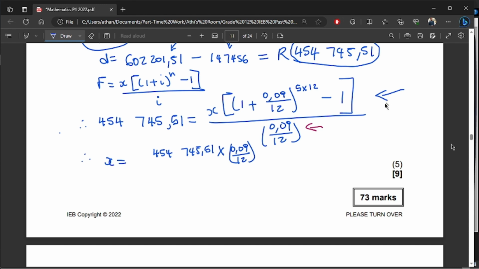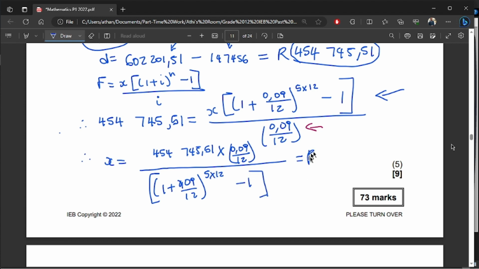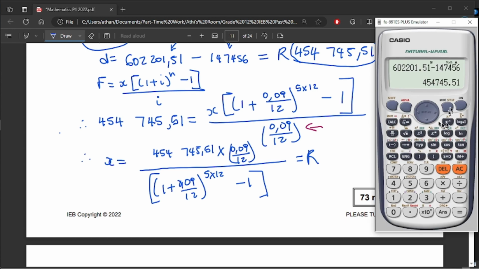Whatever answer you get in the bracket becomes the coefficient of x, but if you're solving for x, you would have to divide by that coefficient. So I will divide here by 1 plus 0,09 over 12 to the power of 5 times 12, minus 1, and then this is gonna give me the value of x.